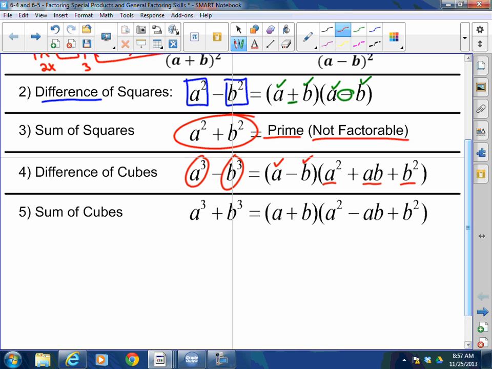So basically, right from the beginning, take the cube root of the first two terms, define your A and your B, and literally plug in the formula.